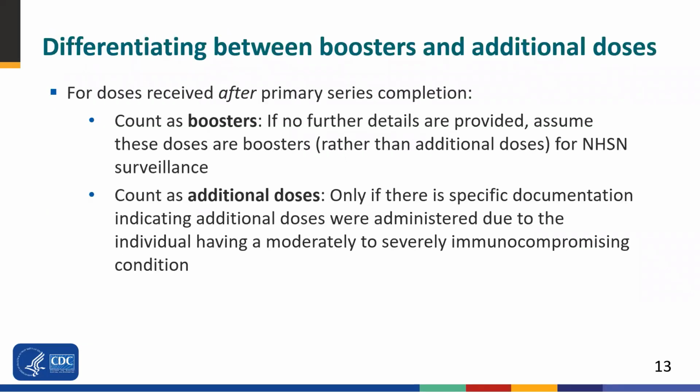Now we will go over an important point about data reporting. If an individual was administered 1 or 2 doses of COVID-19 vaccine after they completed their primary series, with no further details provided, then for the purpose of NHSN surveillance, assume these doses are boosters and not additional doses, unless you have specific documentation indicating that there are additional doses administered due to the individual having a moderately to severely immunocompromising condition.